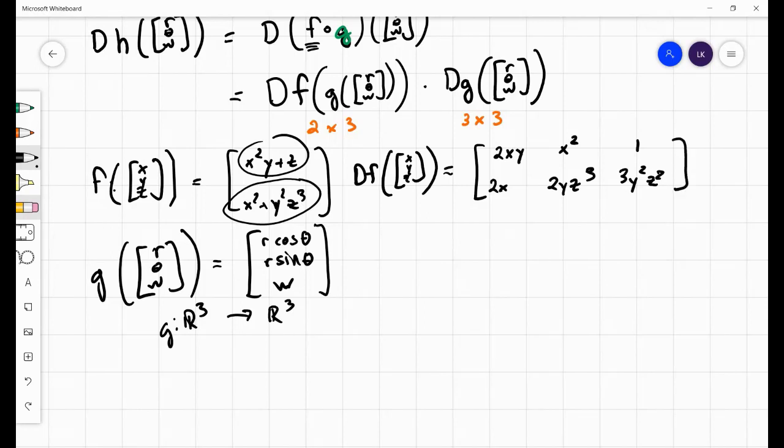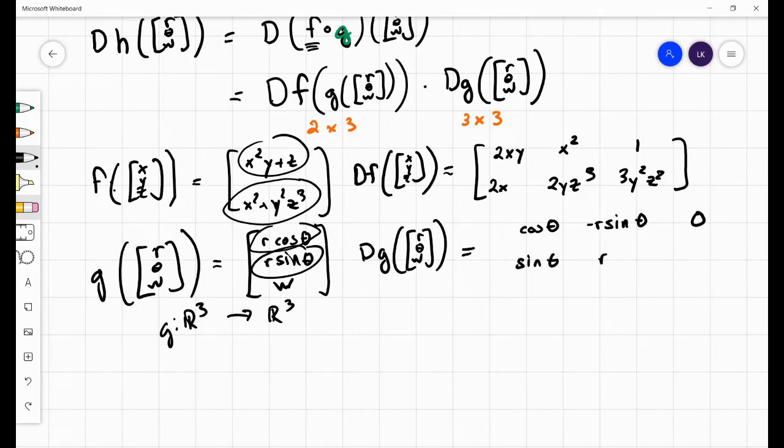For the derivative of g, differentiate the first component with respect to r, theta, and w. The next one, and so on, with respect to r, theta, and w, and then the third component, with respect to r, theta, and w.